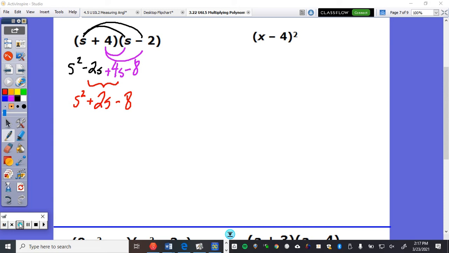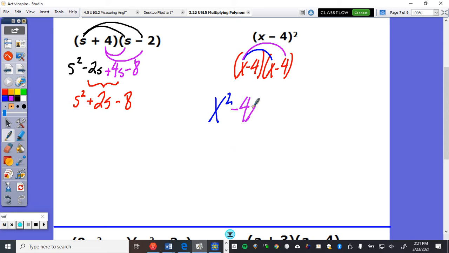You do this next one, but I want you to remember that if I have x minus 4 squared, that is the same thing as saying x minus 4 times x minus 4. You multiply these together. The FOIL works with this by saying you can take your first terms and multiply them together. That's x squared. Then the outer terms: x times negative 4 is negative 4x.